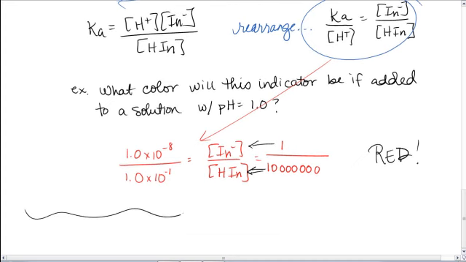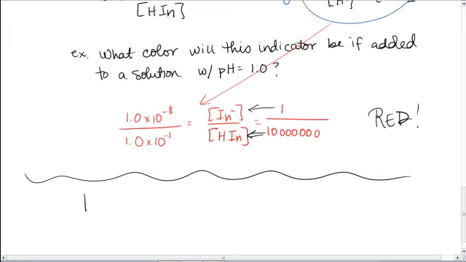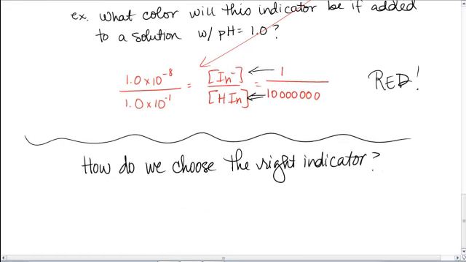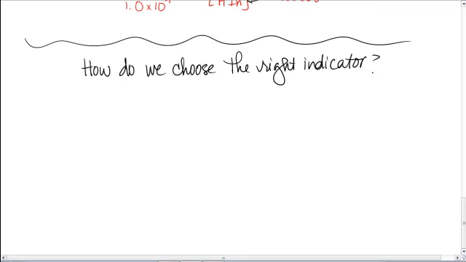So let's think about how we choose the right indicator. Okay, so we're going back to this.